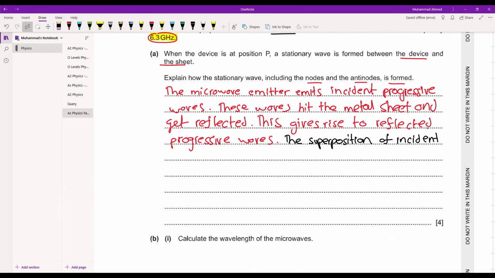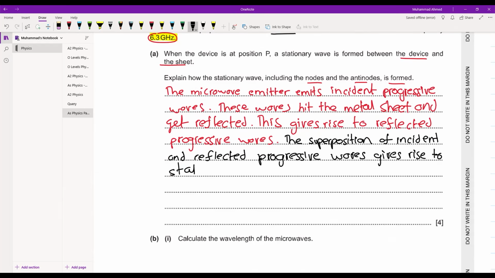See, the examiner has given you so much space to write about how waves are formed. Simple. Nothing complicated here.